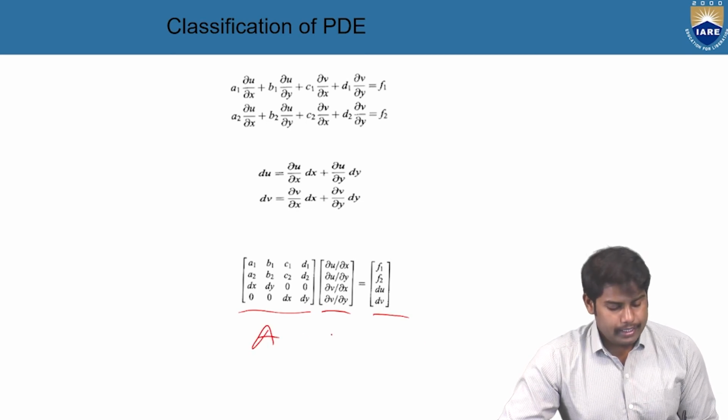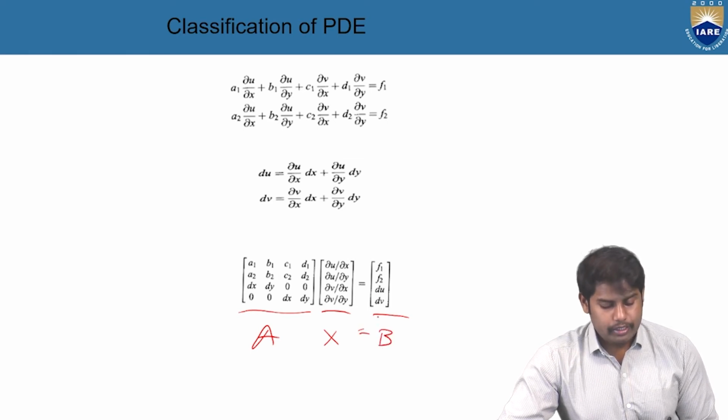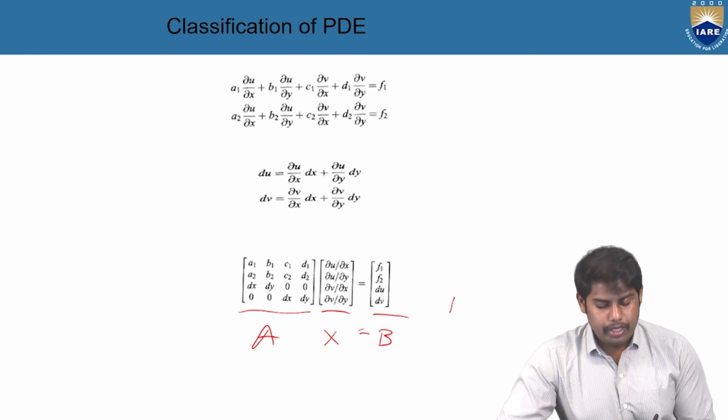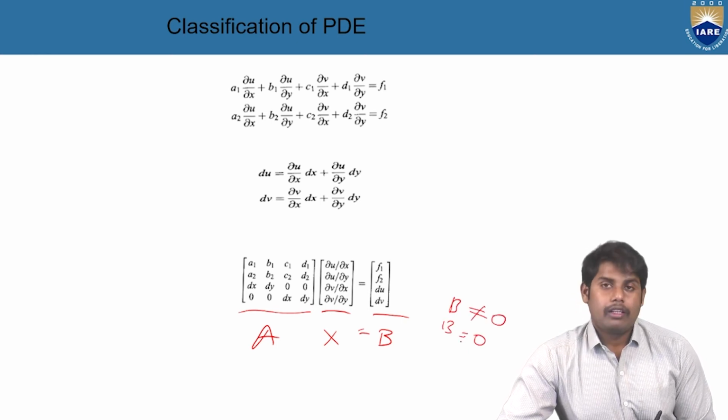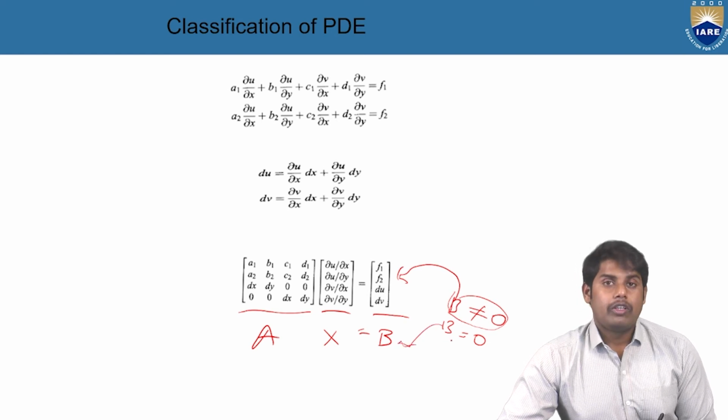So A is nothing but the coefficient matrix, X is your independent variable matrix, and it is equal to B, the source terms. This B can be equal to 0 or not equal to 0. When it is not equal to 0, you have some source term here. If it is equal to 0, it is called the homogeneous equation. So this is non-homogeneous, and this is homogeneous.